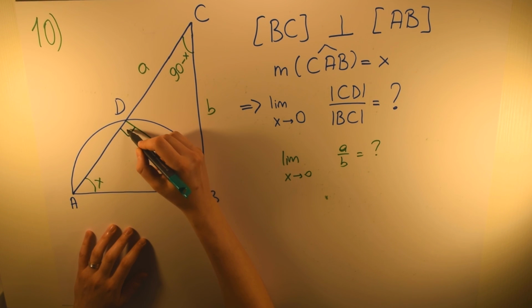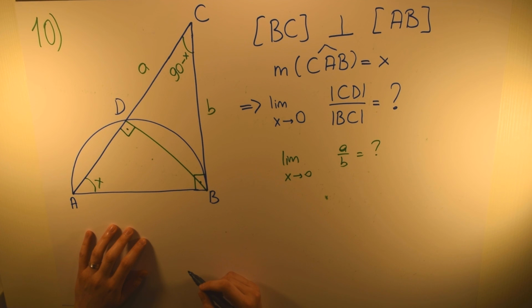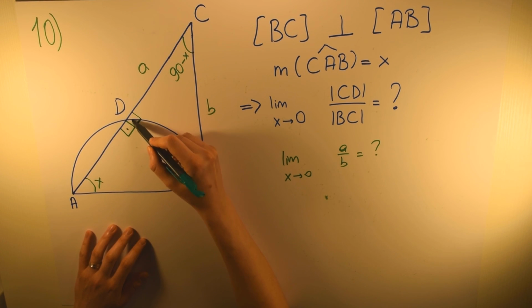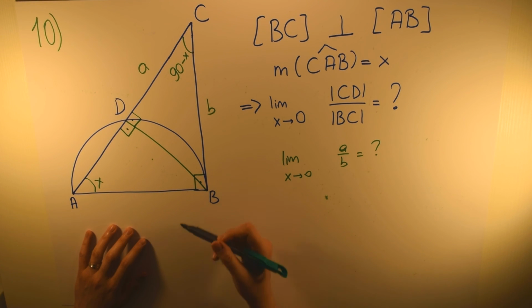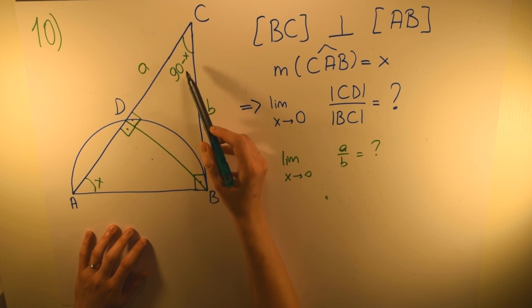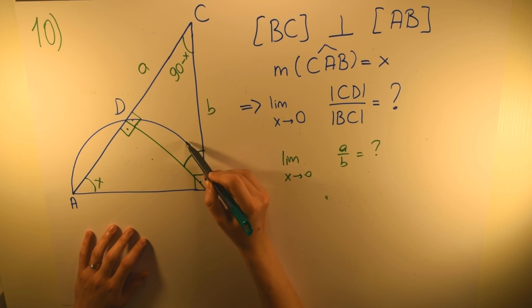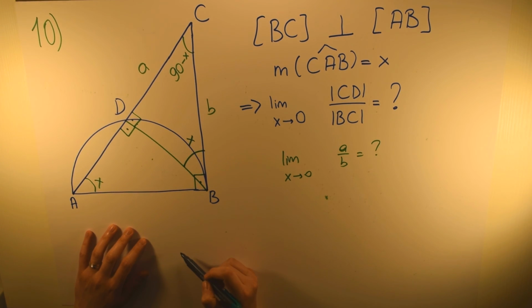Which makes here equal to 90 degrees. So if this angle is equal to 90 degrees, also this one is equal to 90 degrees, right? So here I have 90 degrees, I have 90 minus x, which makes here also equal to x, right?